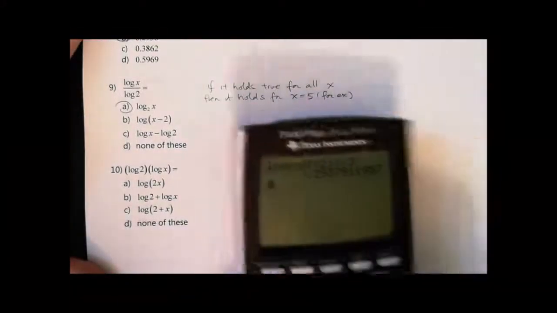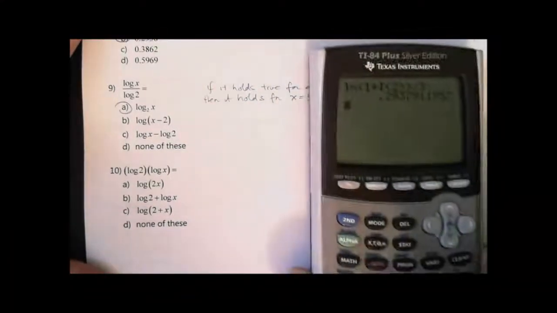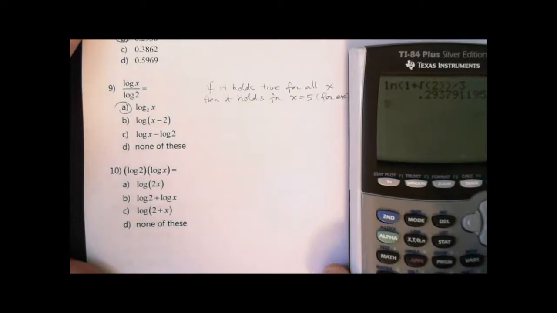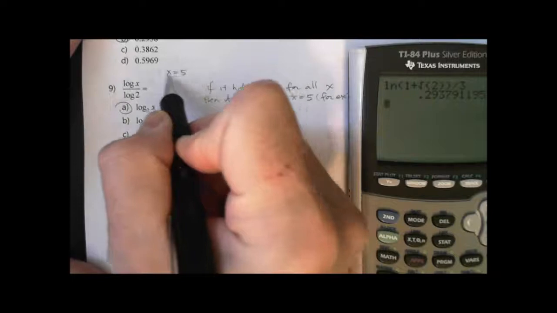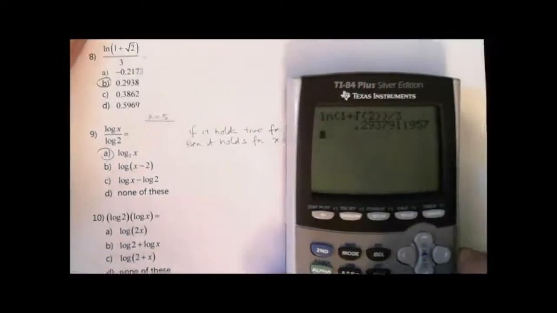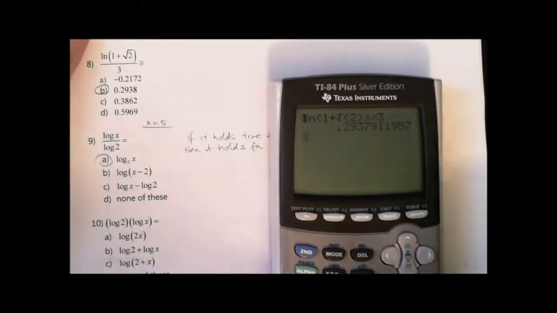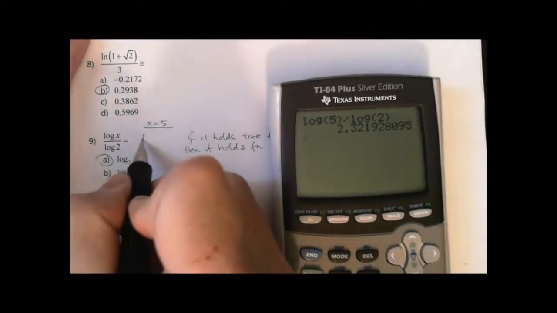So let's check. This one student said, well, I'm going to evaluate this expression, log of x over log of 2, when x equals 5. Let's see what happens when I evaluate all these expressions when x equals 5. So the first one will be log of 5 divided by the log of 2, which is 2.3219.